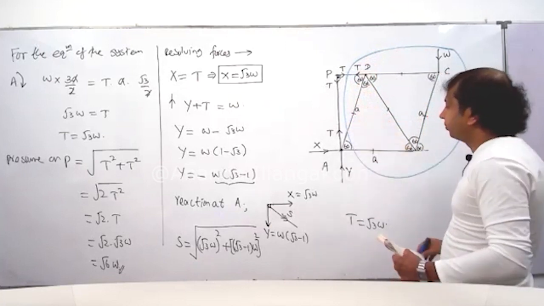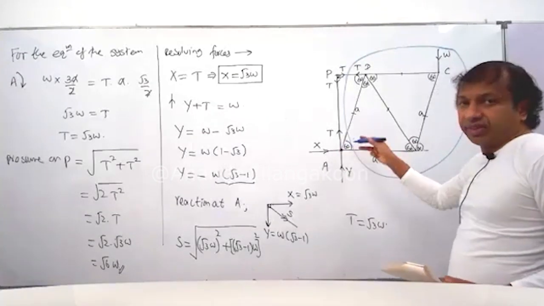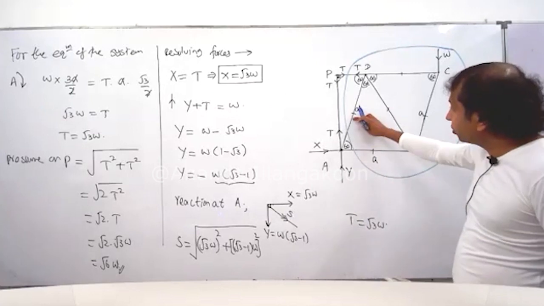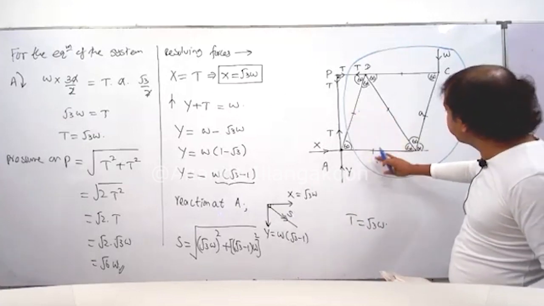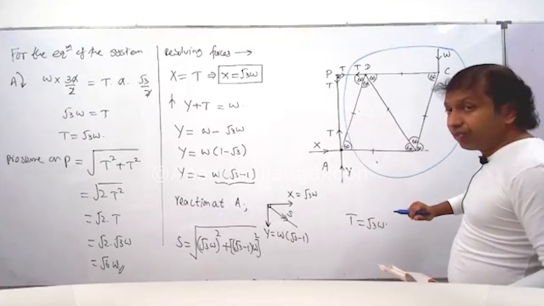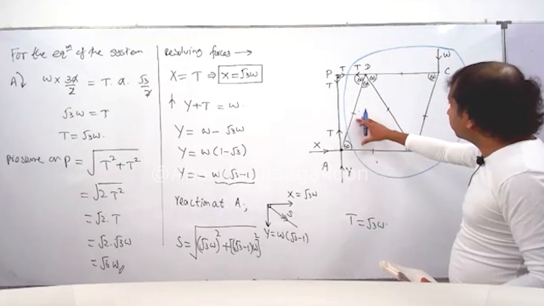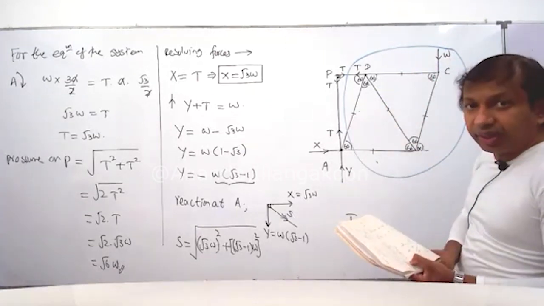This joint is not coming in the closed curve, but these two rods are coming. We need to find only the stresses in the rods, therefore we cover this way, covering all the rods available inside this. That way we can take this answer.